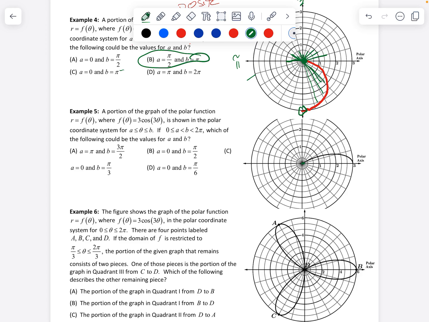So again, think if you're standing at the origin, if I face 0, there's a graph. So until what angle is there no graph? Well, it stops right about here. So I'm going to eliminate this one. I'm going to eliminate this one. So it's between 0 and something. Is that probably pi over 3 or pi over 6? I would say letter D.